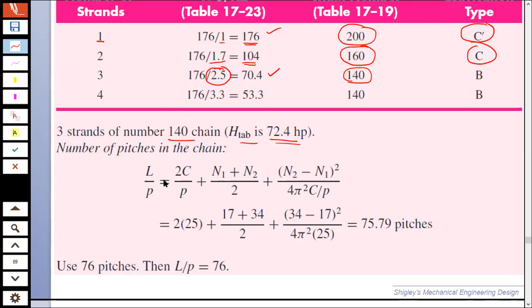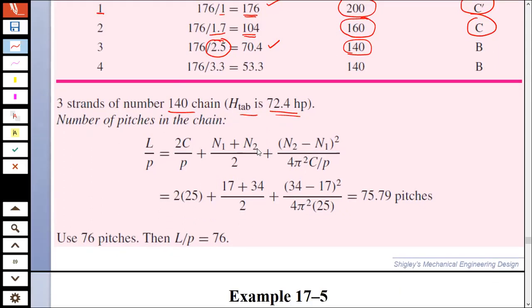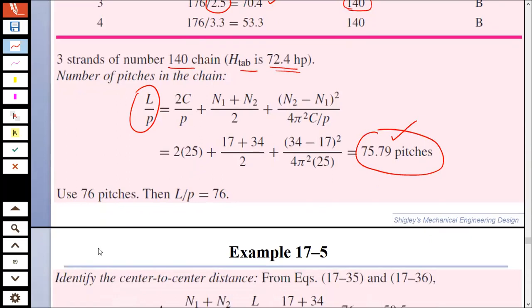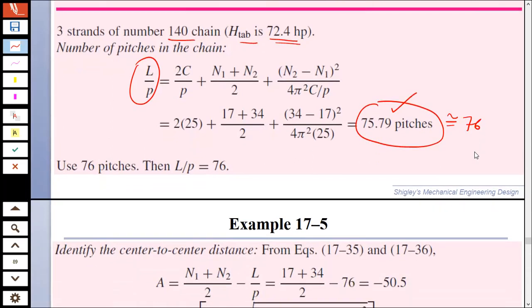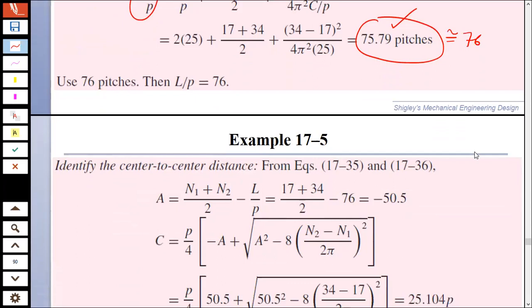Let's say the number of pitches in the chain, I have a formula for that, L over P, and if I do that, I get 75.79. But this should be an integer, so I'll go to the next number, 76. So I can use a chain with 76 for L over P.